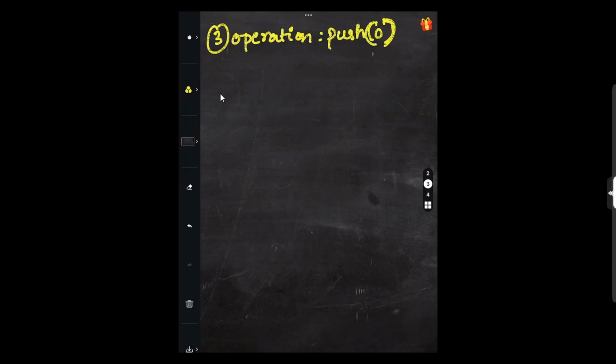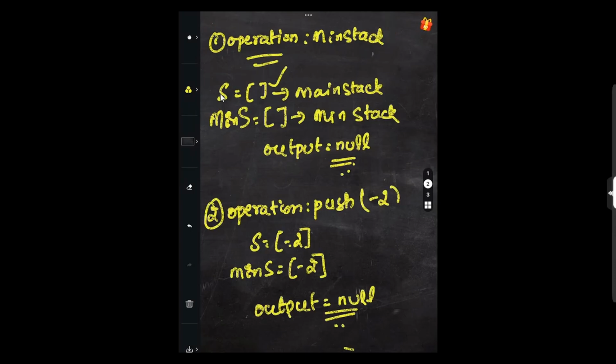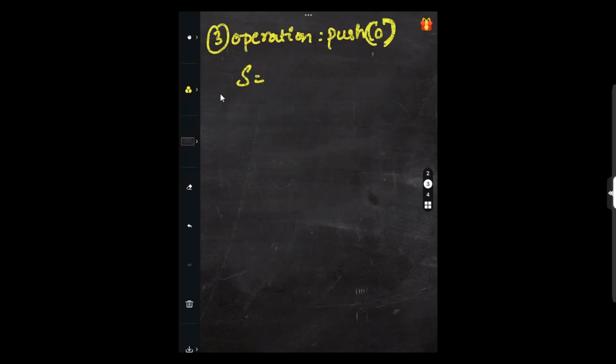What we'll do here, we will add 0 to the main stack. We already have -2 here. You can clearly see the main stack is having -2 and the min stack is having -2. Now the main stack will be -2 comma 0, and we are adding the smaller of 0 and the top of the min stack, nothing but -2.